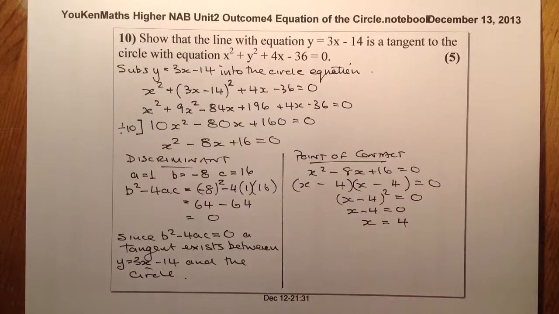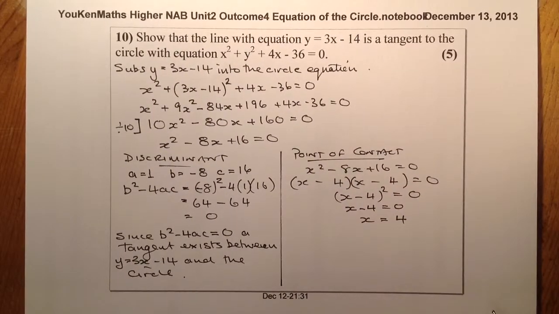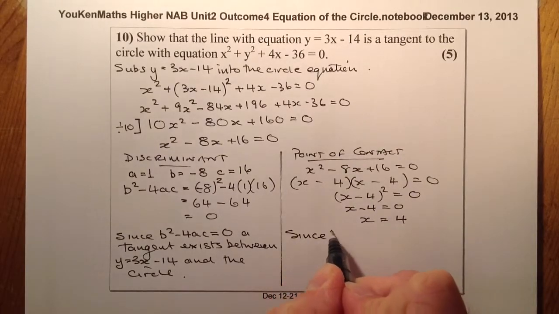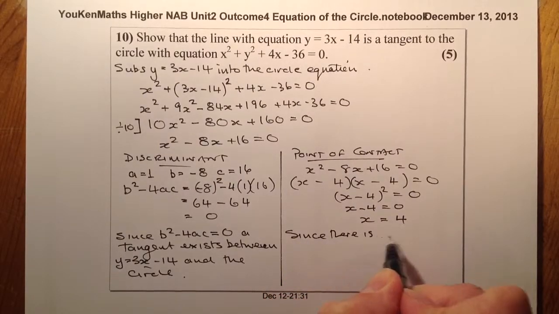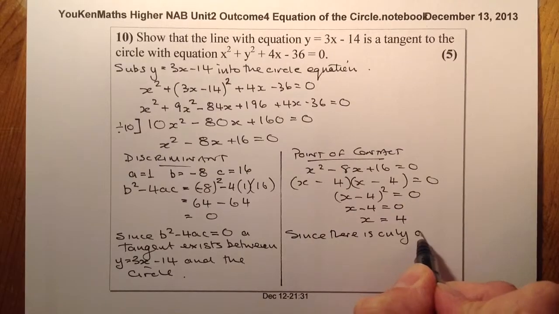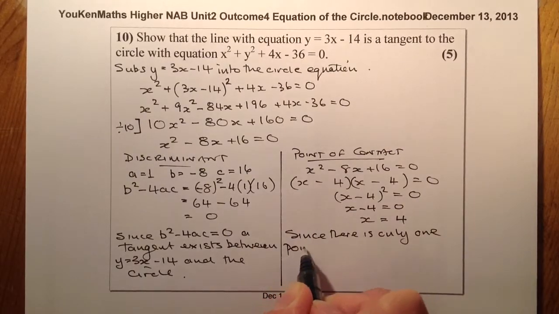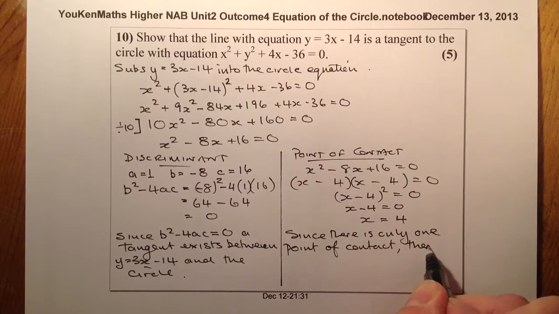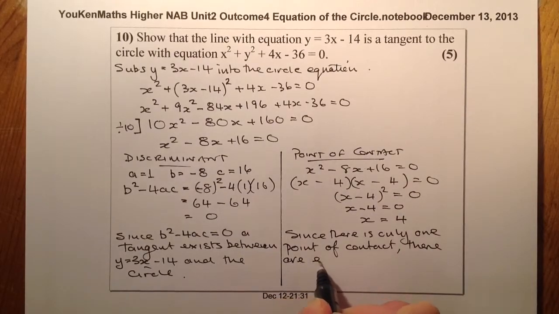Right, so what I would do is then just make a statement also about this one, and I would say that since there is only one point of contact, that would tell me that there are equal roots.